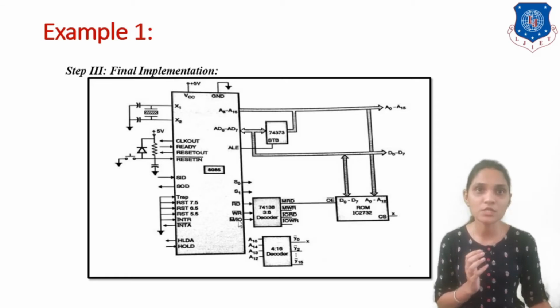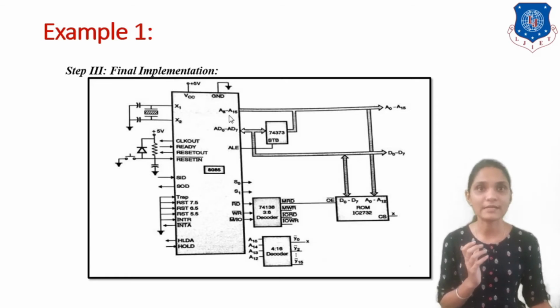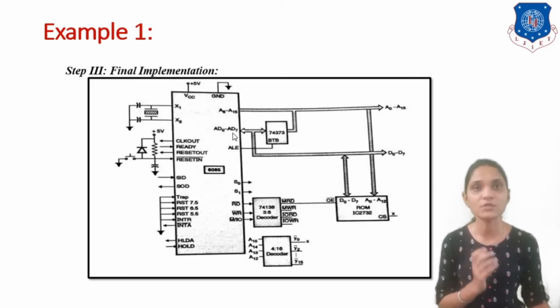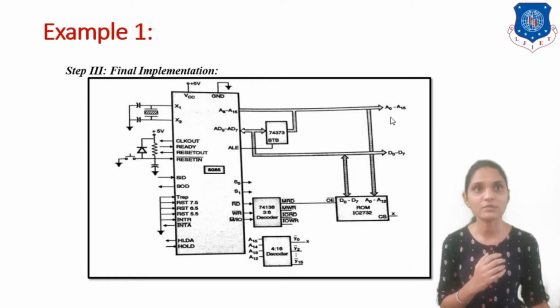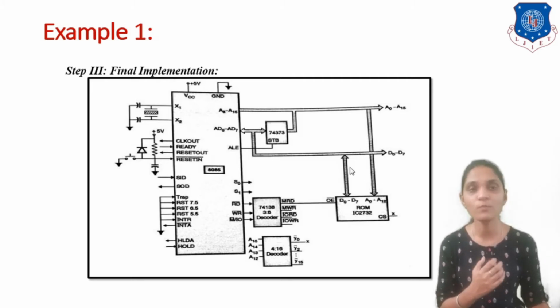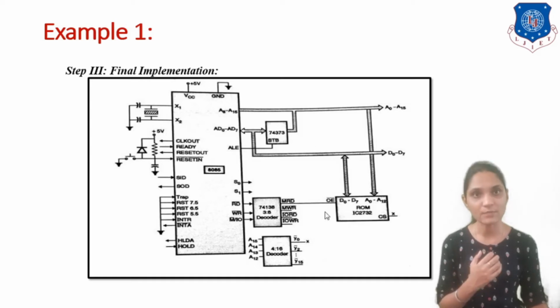Okay, but this portion is required where you have to provide the address bus, that is A8 to A15, AD0 to AD7, and then demultiplex it to get the A0 to A15 lines, from which you will provide some number of address lines to the address decoder of the ROM, and data lines directly to the data bus.